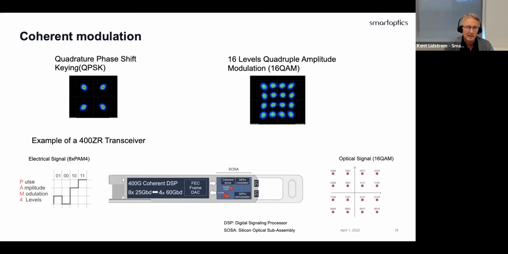When you start to get up to the higher bit rates, transceivers with this kind of capability, you start to have a limitation of the number of electrical wires going into it on the electrical side as well. So for that reason, we also need to start to use PAM4 modulation on the electrical signals. So here we use 8 times PAM4 modulated signals, where we have 25, say, gigabaud going into the transceiver, and then we convert in the DSP into the higher rates there.